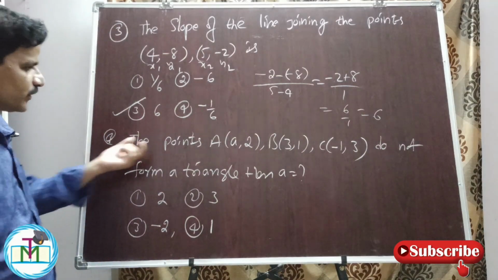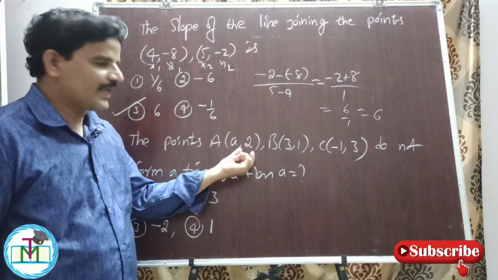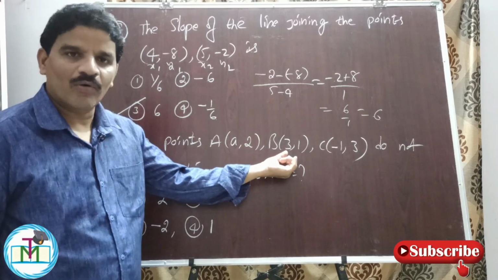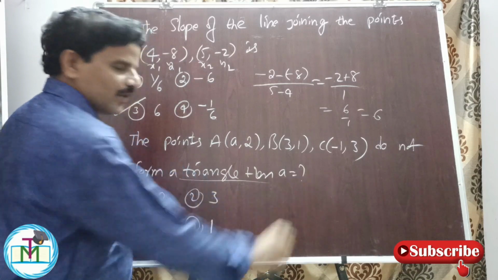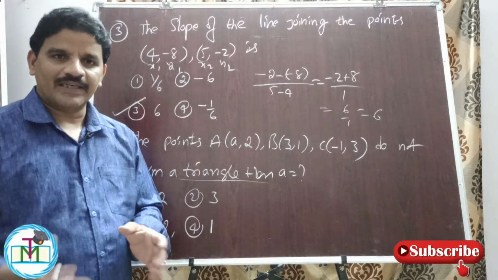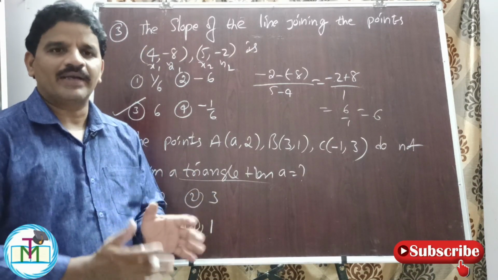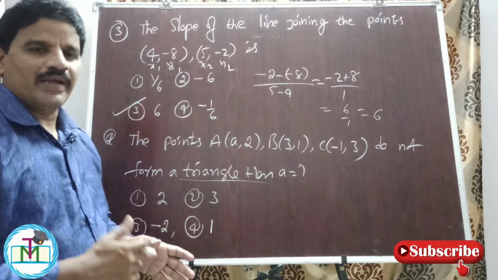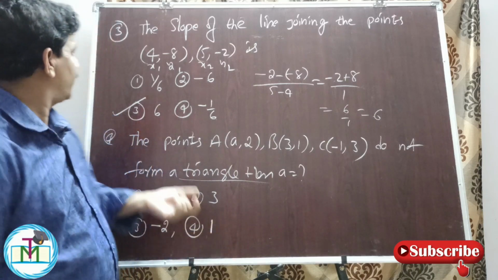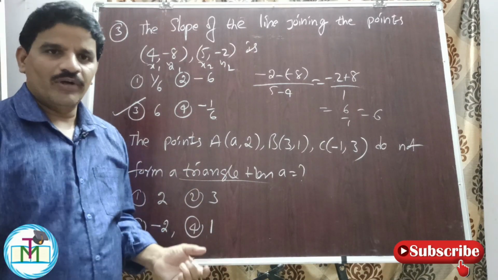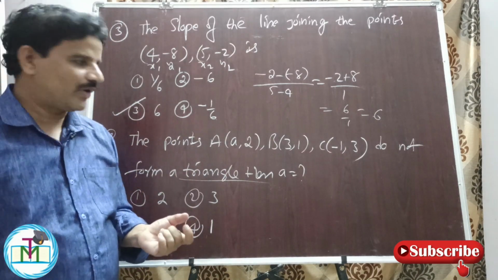Question number 4. The points A(a, 2), B(3, 1), C(-1, 3) do not form a triangle. So whenever three vertices are given, they should form a triangle or the points should be collinear. So therefore here A, B, C are collinear. In question number 1 also we used the same concept.